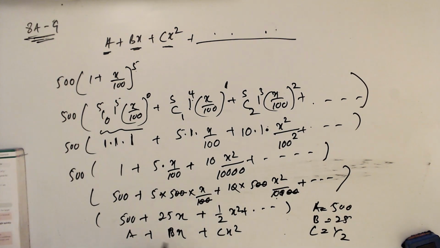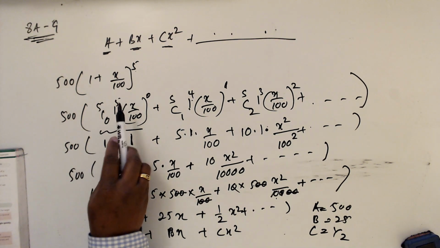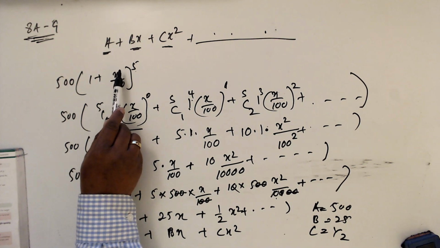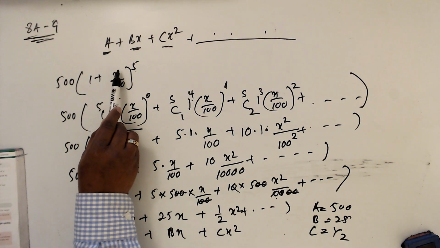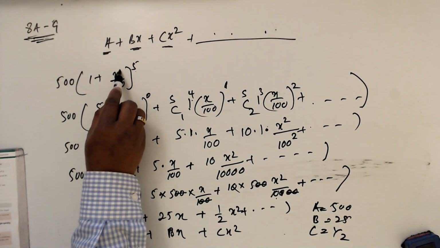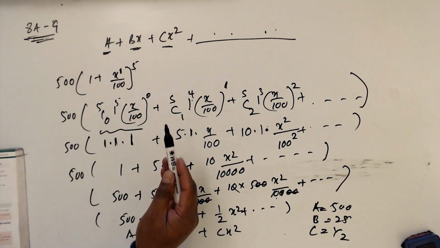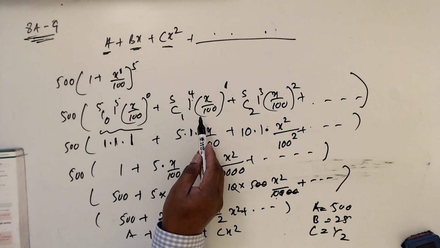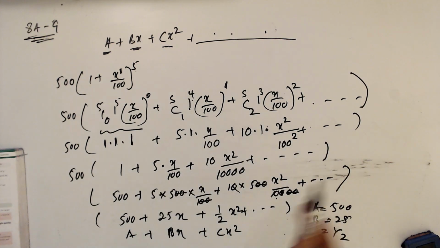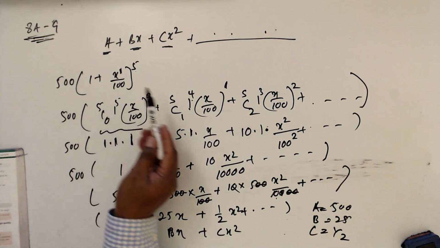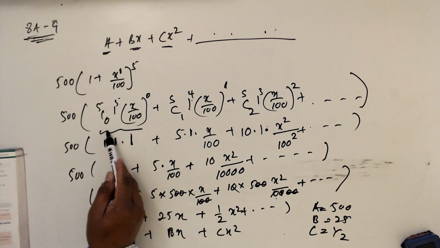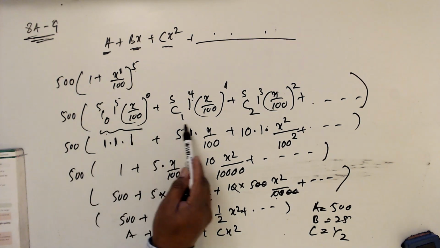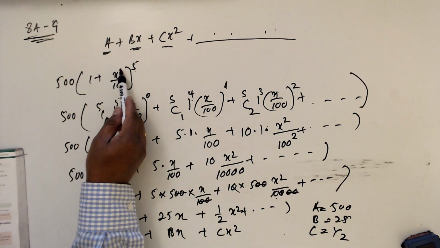It is a waste of time. We also want to know which power it is. This is power 1. If it is power 2, we only need this term and this term. Then we don't need to go further. So we have to adjust these terms, either 0, 1 or 2, by looking at the power of this.